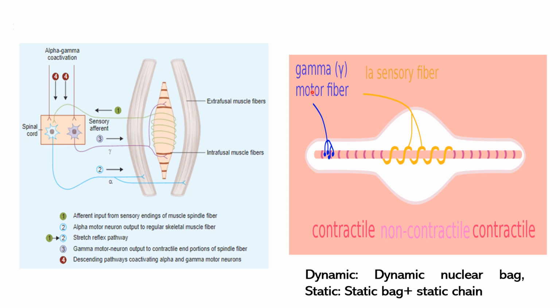These are small diameter fibers, and we know that at the anterior motor horn cell we have the alpha motor neuron. Some are beta, some are alpha, most of them are alpha, but 30% of the motor neurons in the anterior motor horn cell are gamma type fibers.